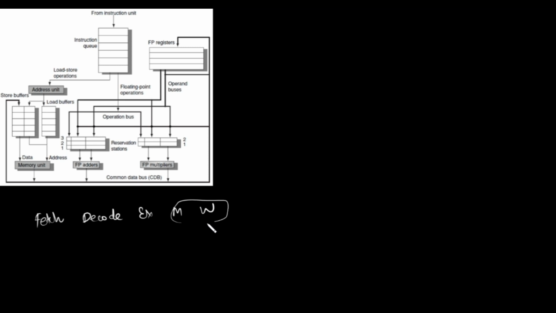And basically we'll combine the memory and the execution, so we have the four stages of a pipeline. Similar to that, in Tomasulo we will modify them as issue, execute, and write back. So where is the fetch?